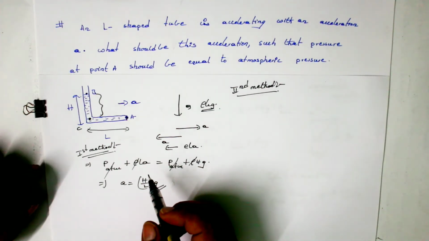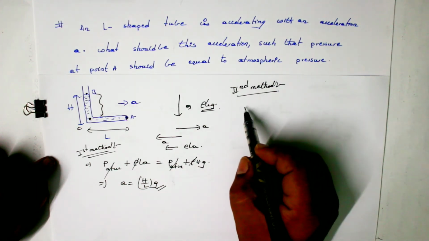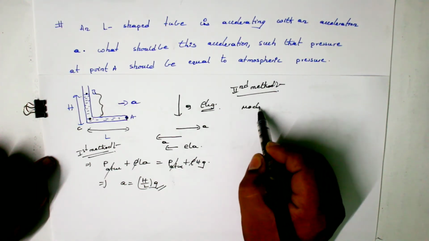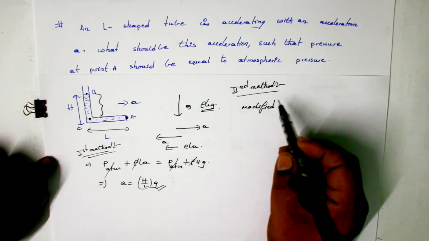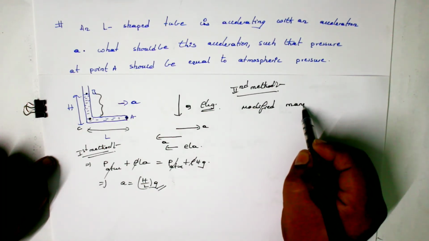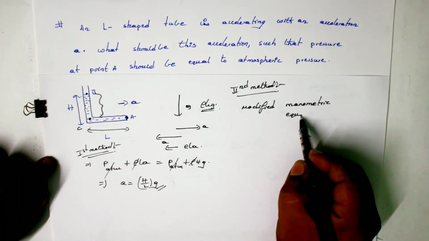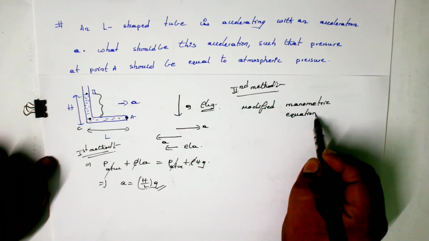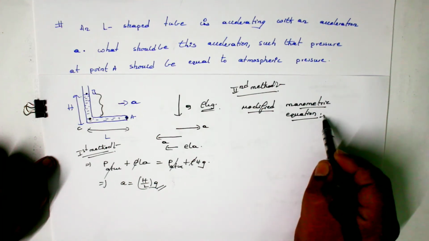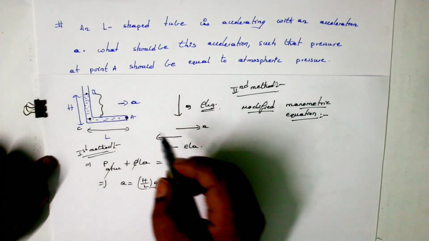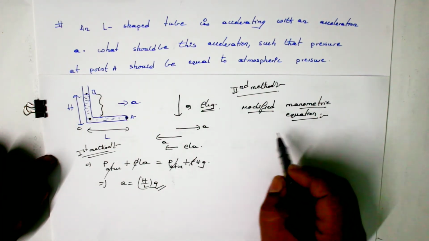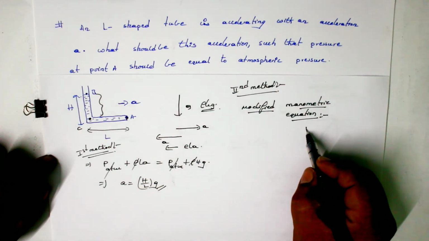The second method is, we will use a method which is called the modified manometric equation. So in this equation, we know that there are two accelerations acting.